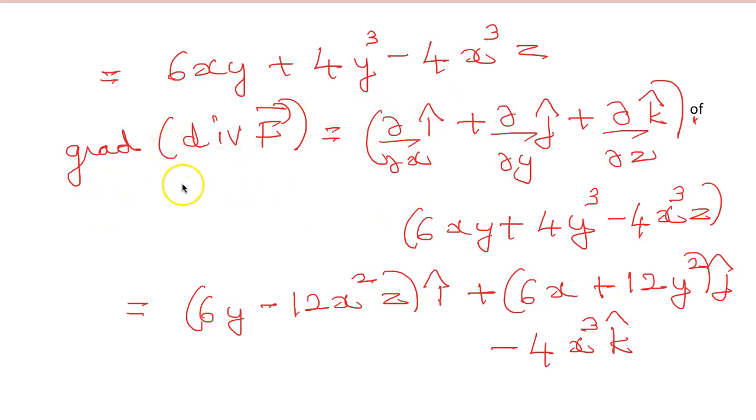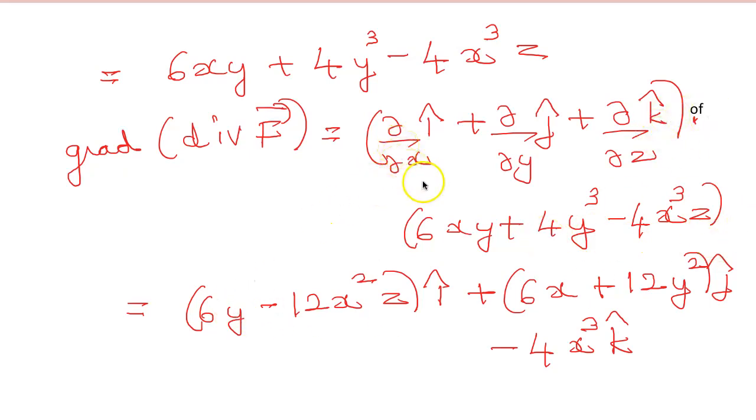And now we need to calculate the gradient of the divergence of f. That would be del by del x i plus del by del y j plus del by del z k applied to this, 6xy + 4y³ − 4x³z.